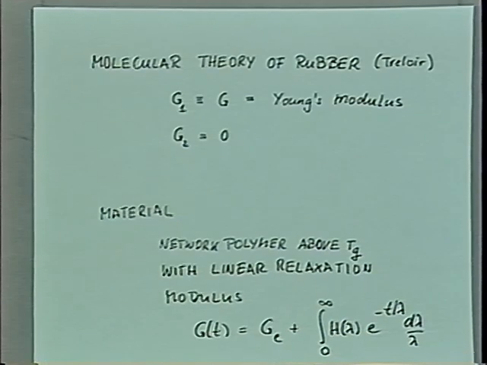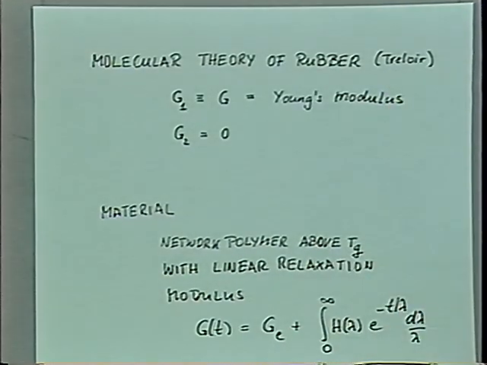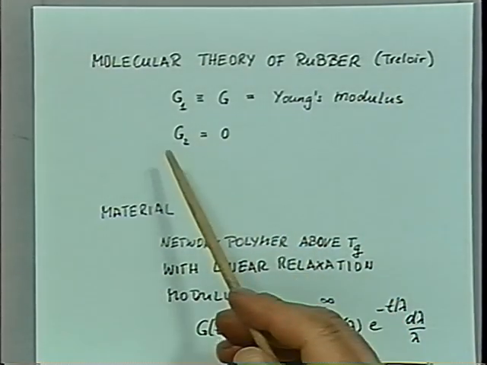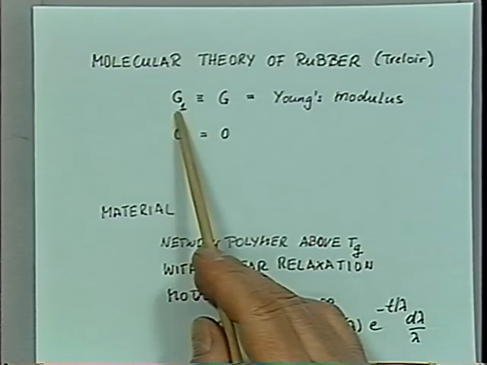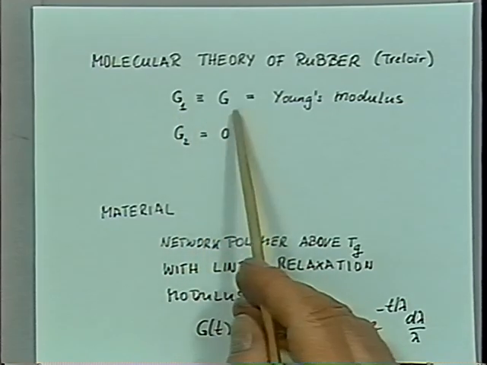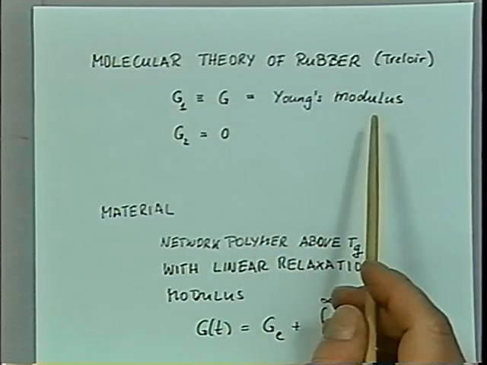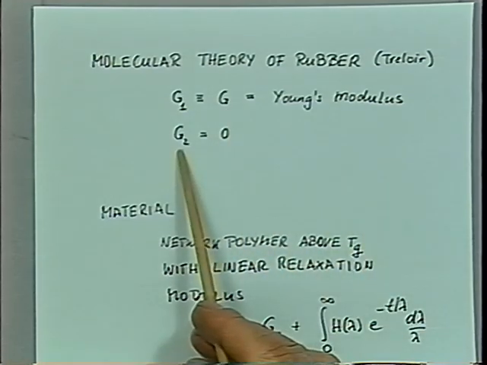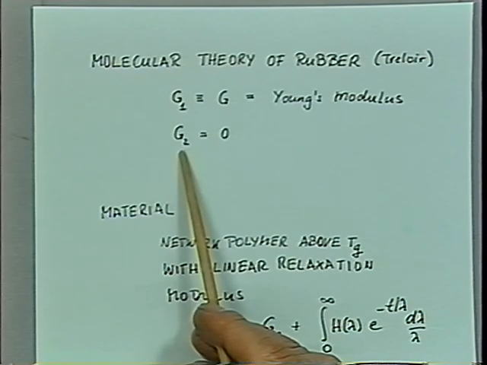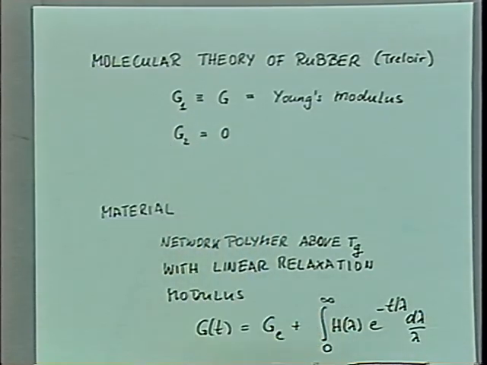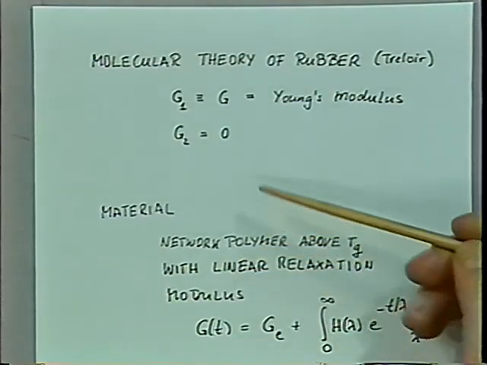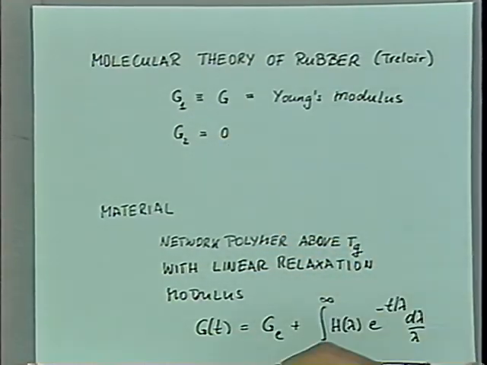The molecular theory for rubber, which has been derived by Treloar, only gives a modulus G1, and this we would call the Young's modulus in this case. And there would be no contribution G2. So from a molecular point of view, G2 is equal to 0, but experiments tell us that there's a finite contribution that we should leave in there. So in the moment, I just carry this and look at the consequences.